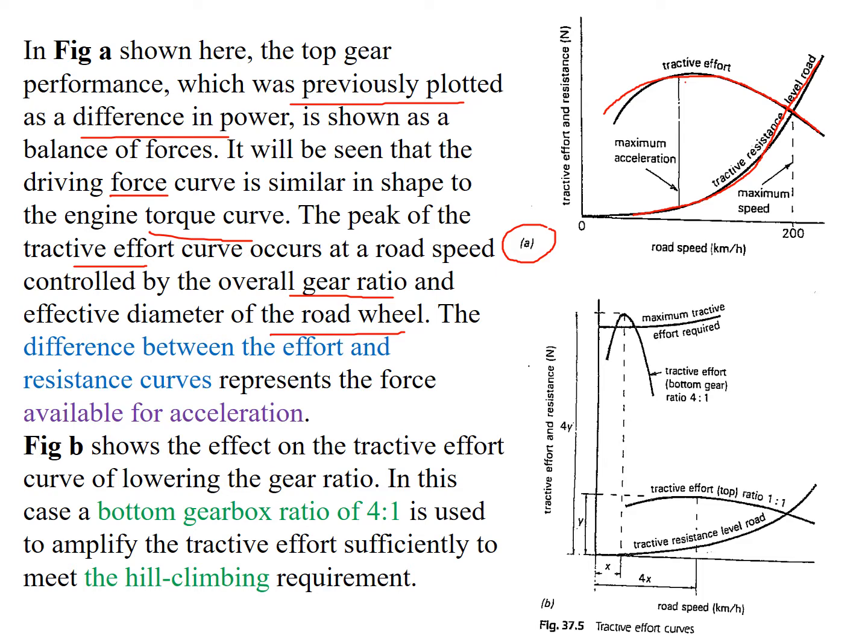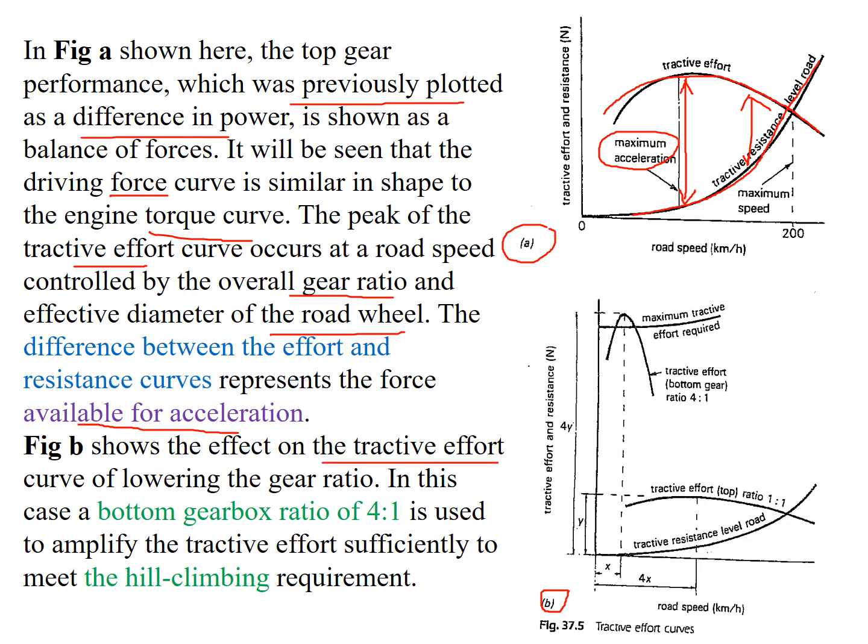So the difference between the tractive effort and the resistive curves represents the force available for acceleration. So if this is the maximum, this will be the maximum acceleration. Other than that, it will be just normal acceleration availability.